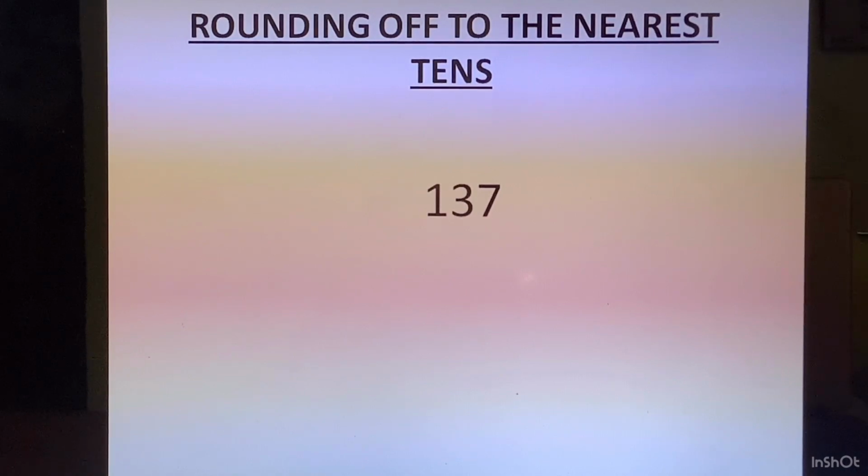Now, I'll tell you how you will do it in the copy when a question comes of rounding off. The number is 137 and we have to round off to the nearest tens. Since we have to round off to the nearest tens, we will look at the digit on the right of the tens place, which is 7. Now this 7 we'll compare with 5. 7 is greater than 5.